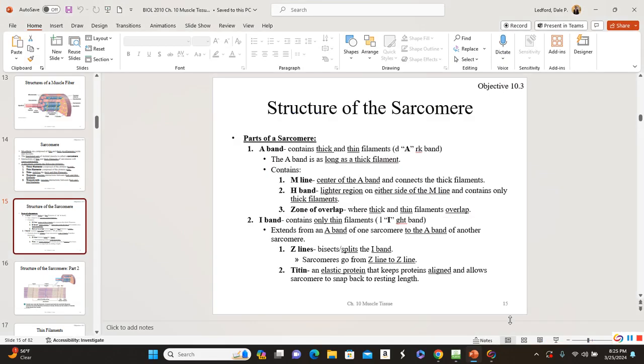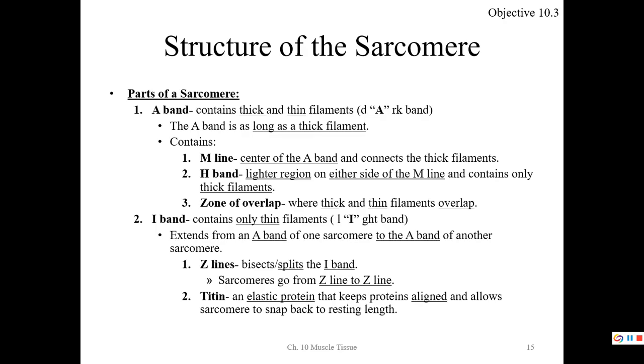Now the I band is going to be containing the thin filaments. Now it goes from A band to the A band of another sarcomere. Okay, it's in between the A bands. The Z line bisects it. Sarcomeres technically go from Z line to Z line.